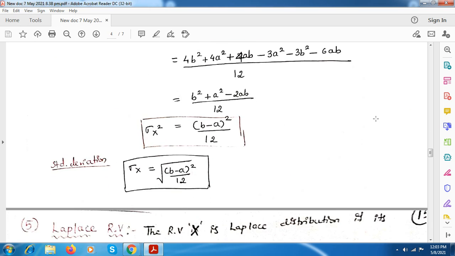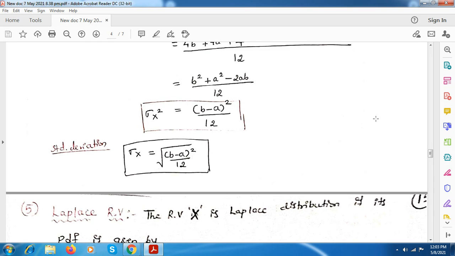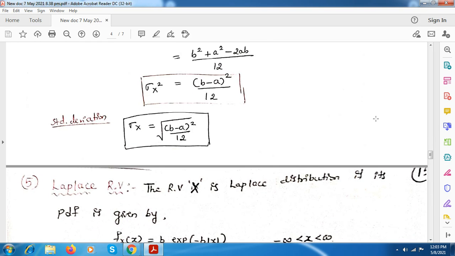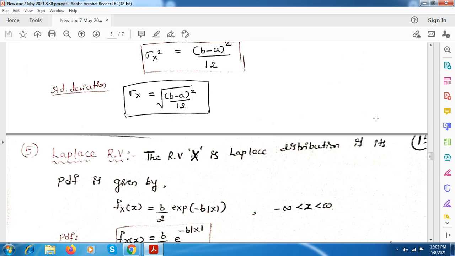So next we will see the Laplace random variable. This is also a continuous random variable.